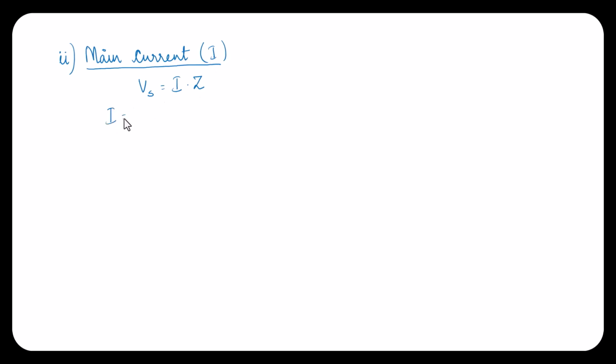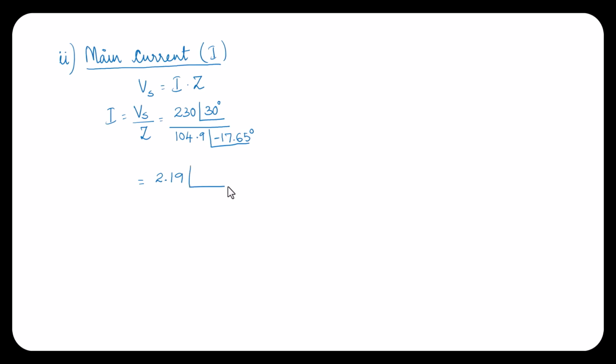So I is equal to Vs by Z. So Vs is given as 230 at an angle of 30 degree, divided by Z is given as 104.9 at an angle of minus 17.65 degrees.